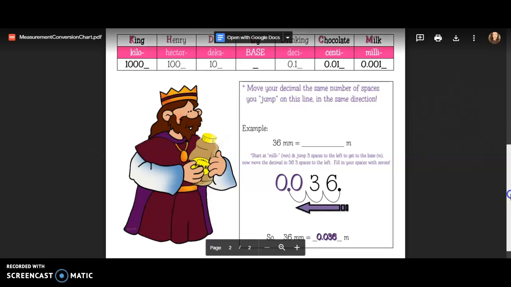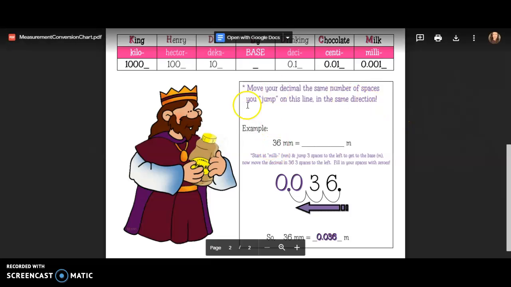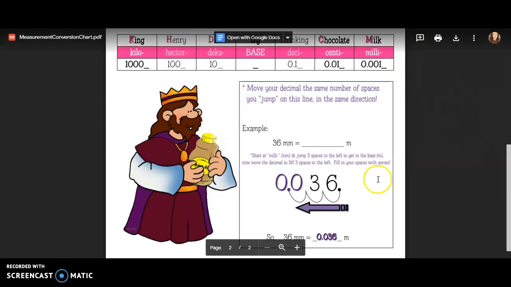To help you when you're working with decimals, it says move your decimal the same number of spaces you jump on this line, in the same direction. Example, 36 millimeters. Start at millimeters and jump 3 spaces, 1, 2, 3, to the left to get to the base.